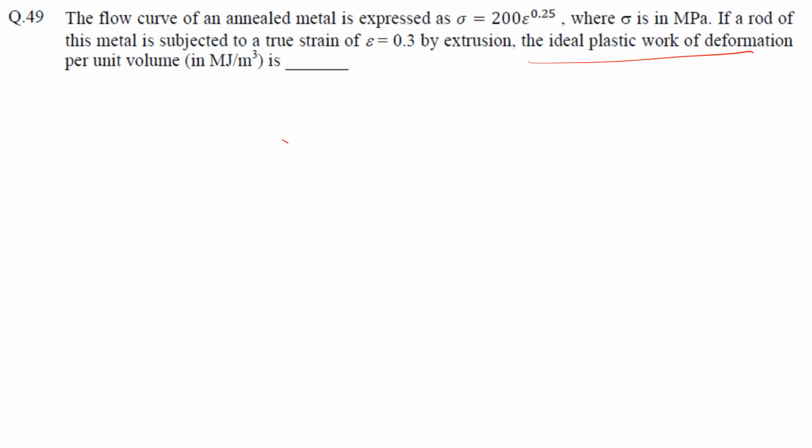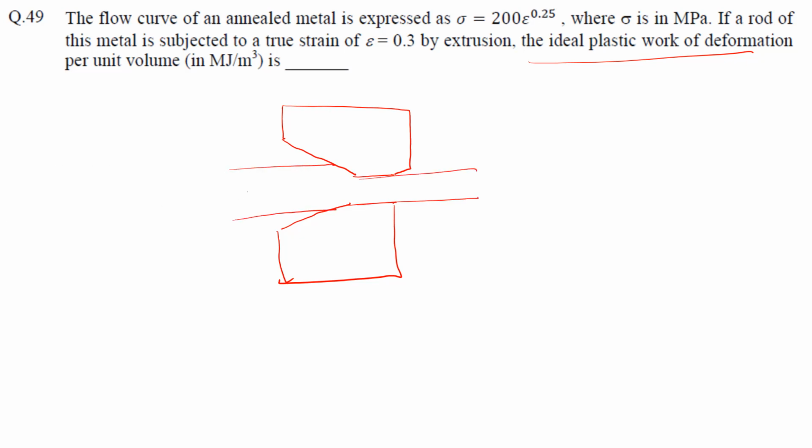Okay, so it is specifically asking in terms of extrusion. So suppose this is the die in case of extrusion. Now it has some diameter, and after this extrusion, we are getting a different diameter. Right? We had initially A0 and Af.